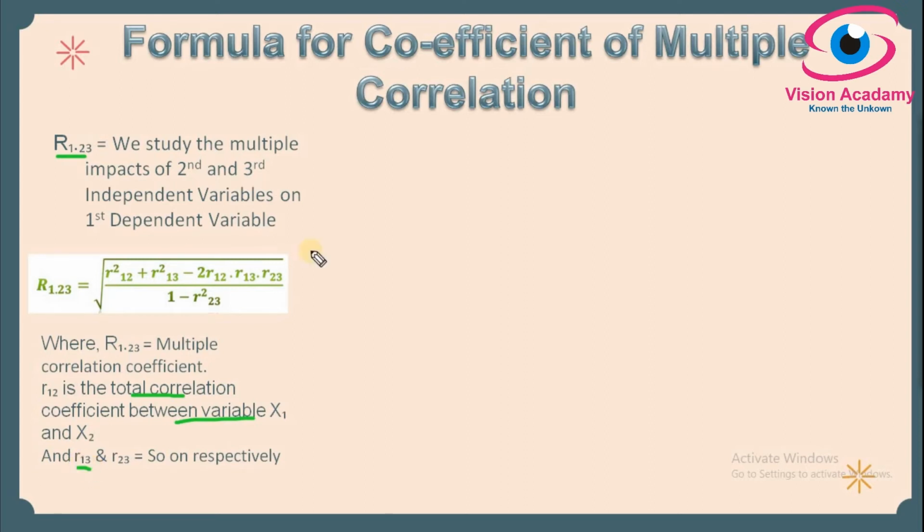Very importantly, we need to understand how to understand this formula. Observe R1.23 and look keenly inside the square root. The first two elements are 1 and 2, so R12.